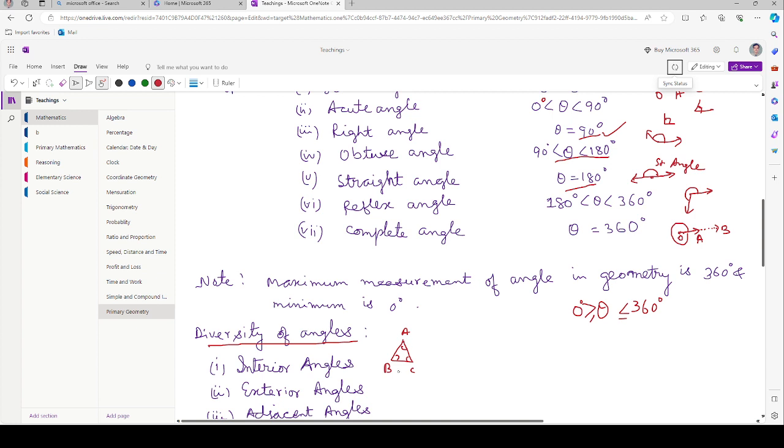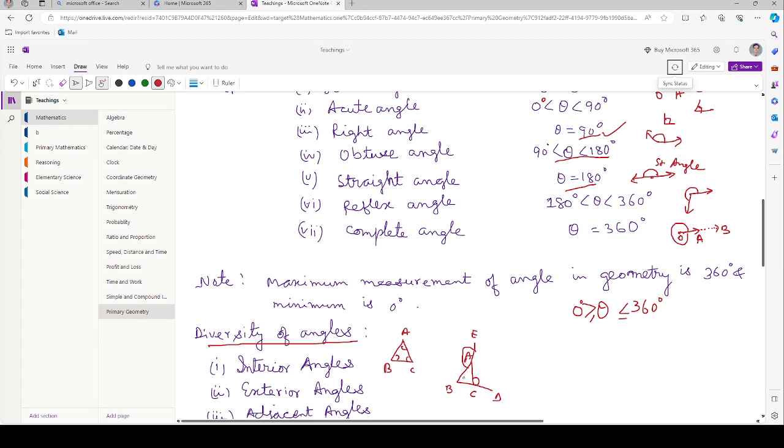Whereas for a triangle ABC, if we produce BC to D, then we get the exterior angle ACD. If we produce CA to E, then we will get the exterior angle of A, right?